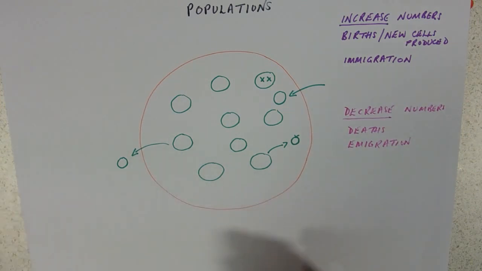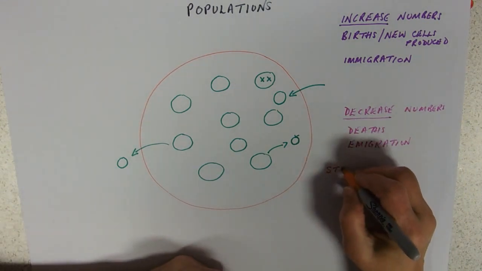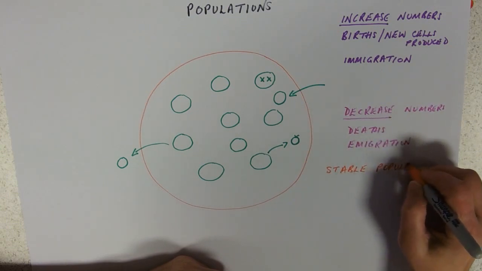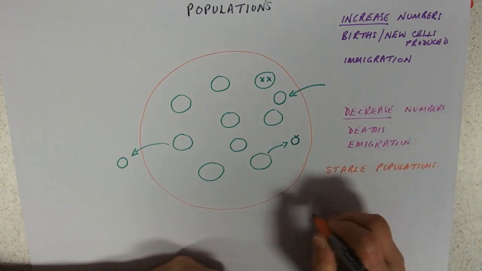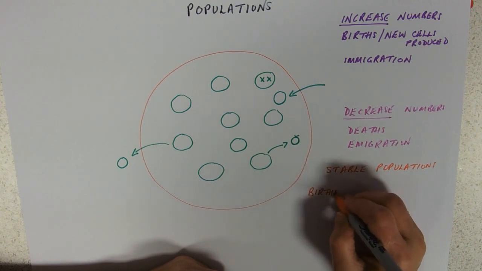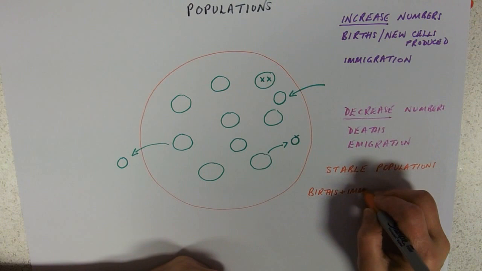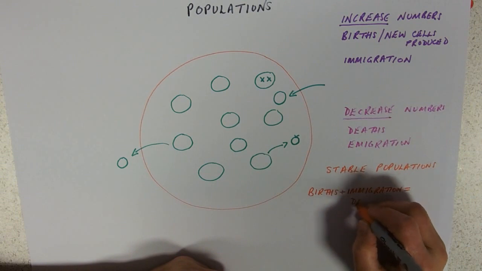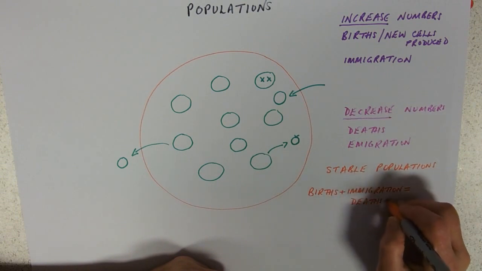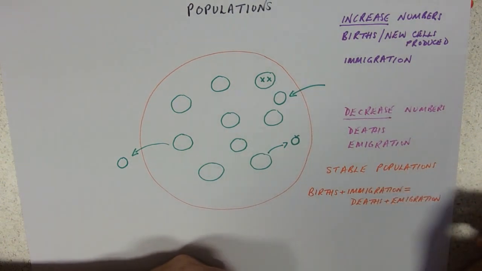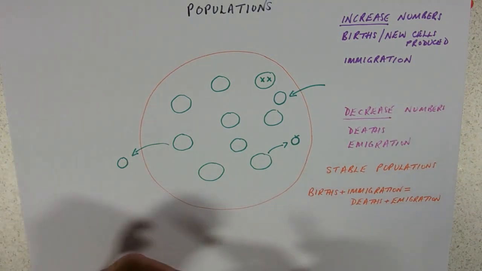So if we want to keep our population nice and stable, so in a stable population, where the numbers aren't rocketing up and down, one thing that we can say is that the things that increase numbers, so births plus immigration, will be equal to the deaths plus emigration. And that will keep the population nice and stable.